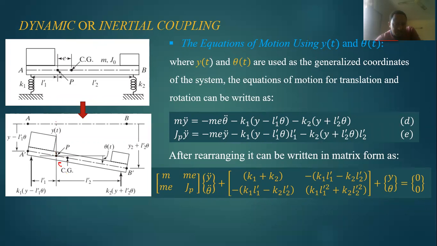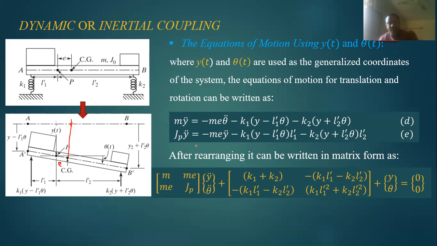This is e, the eccentric distance. Our reference y is taken from here, not at the exact CG position. This is the exact CG position, but the analysis is taken from some point P here, and P is away from CG by the distance e, the eccentricity.